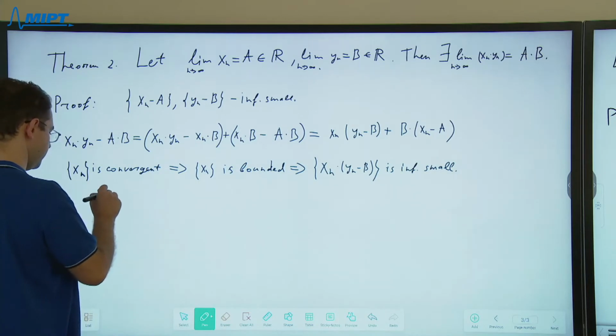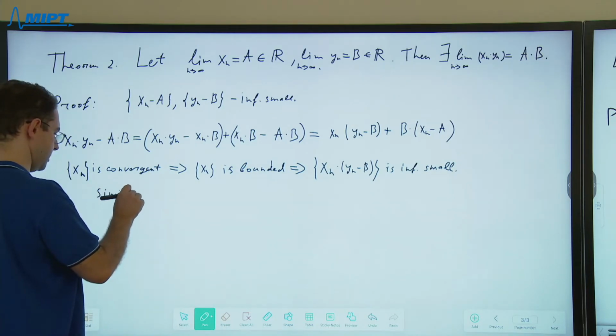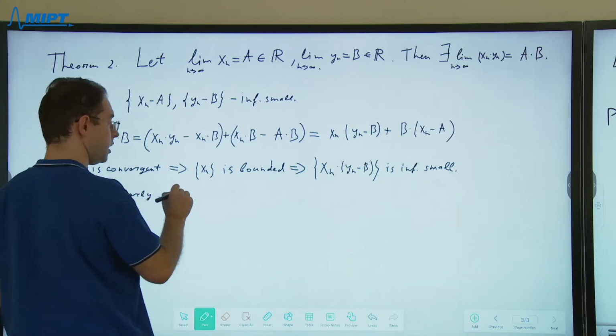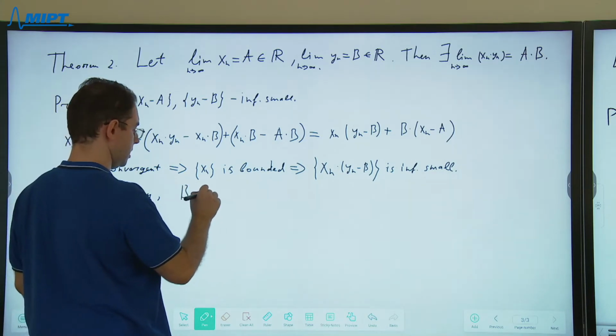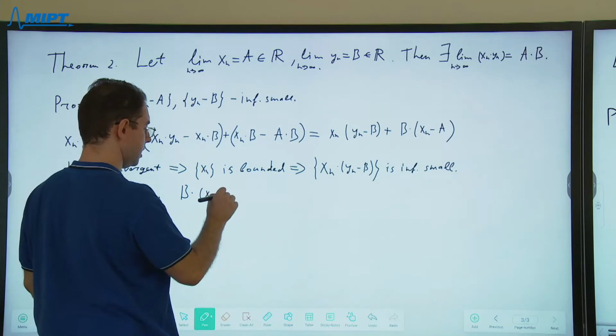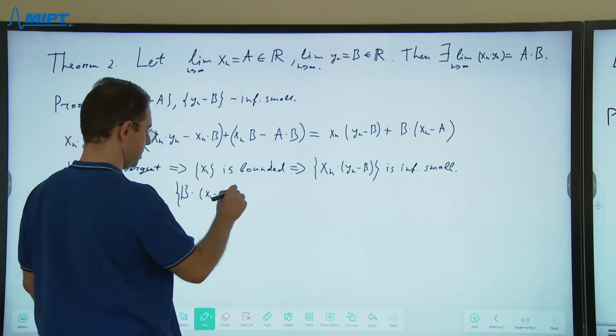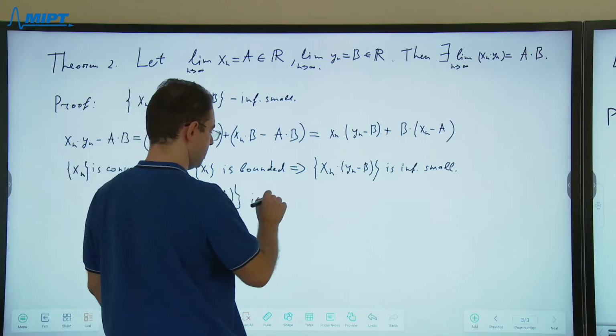Similarly, b times xn minus a is infinitely small.